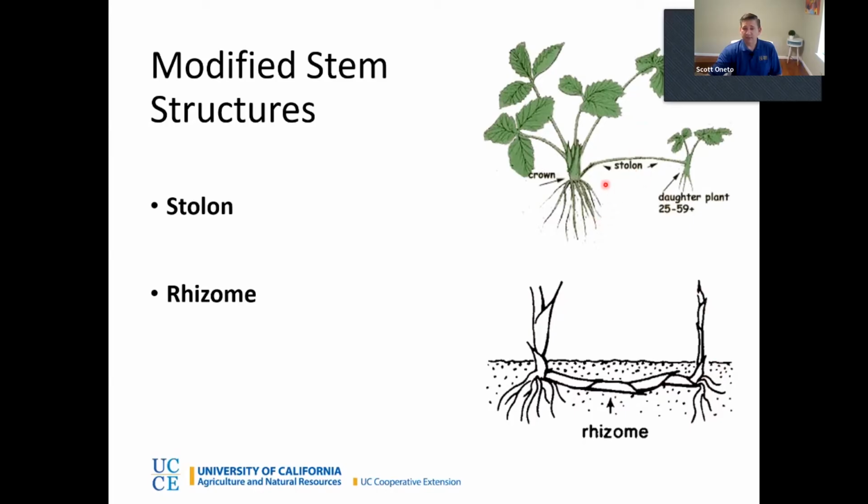Of course, strawberries have stolons. Several different plants, including things like, if you've ever been to an aspen grove and you've seen all of those aspen trees, they're often from a single individual or a few individuals that are sending out these rhizomes to new plants coming up.